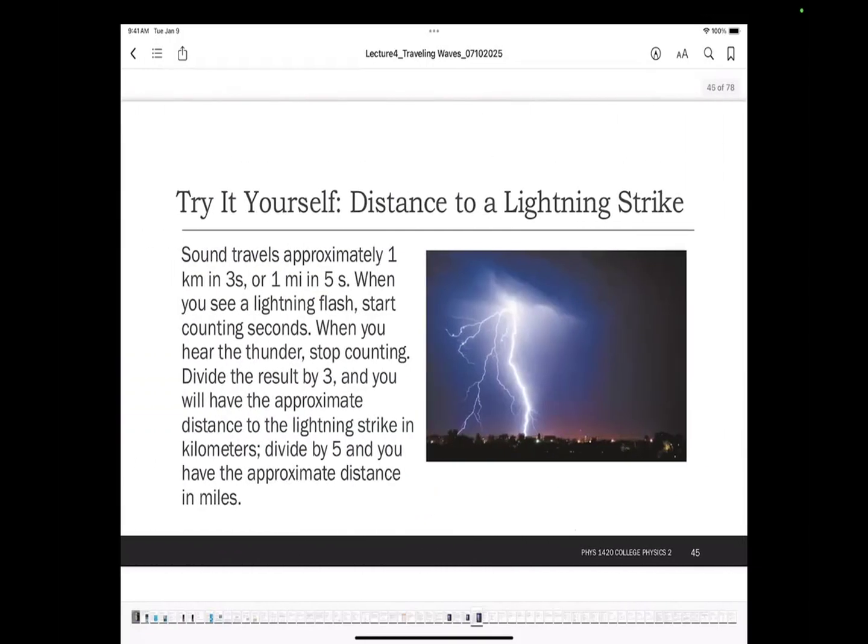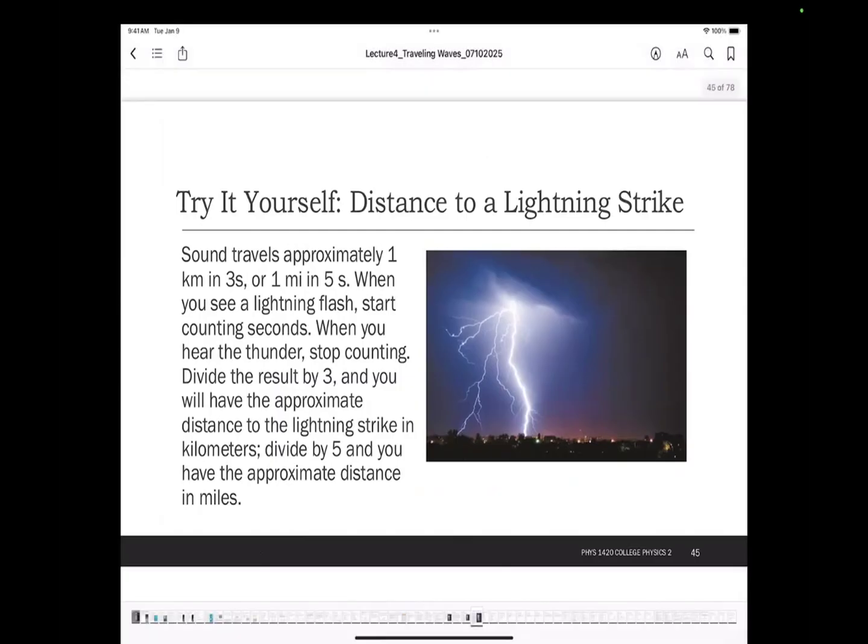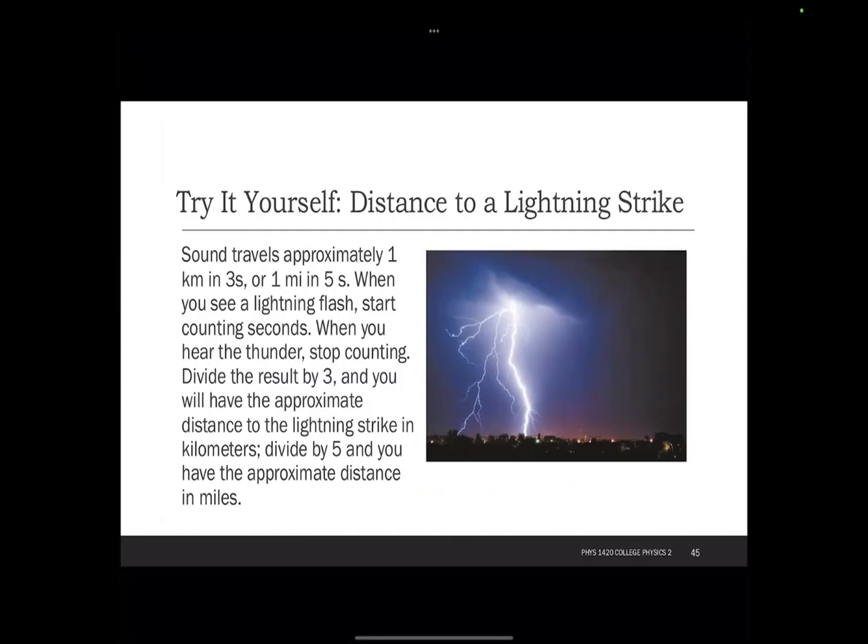Let me explain again. The lightning and the thunder happen at the same time, but you will always see the lightning first because the light wave travels very fast, and we assume there is no time difference. You see the lightning at the same time as it happens, and after that you hear the thunder, because the sound wave travels much slower.